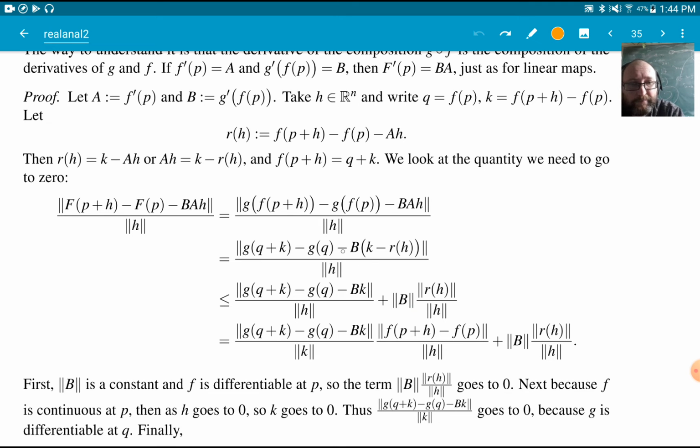It's really B of RH, and then I separate out the norm of B as well. Of course, it's multiplied by B as well.